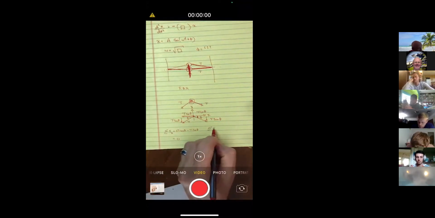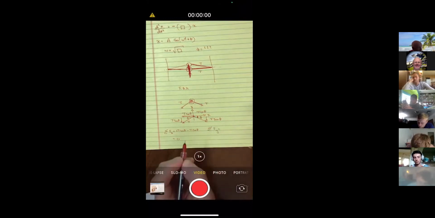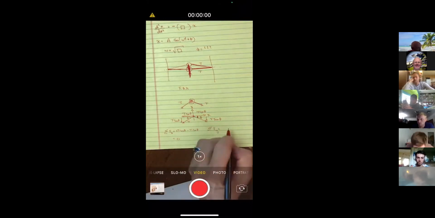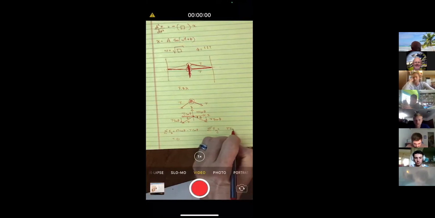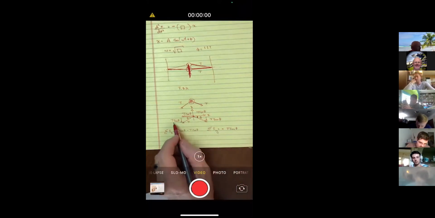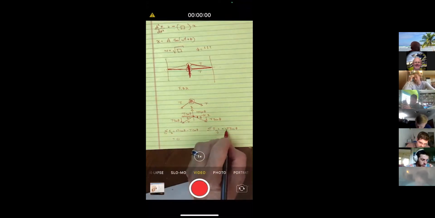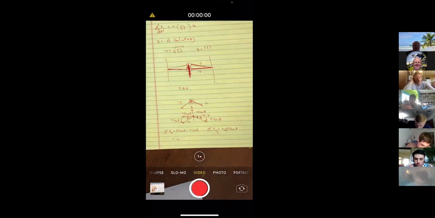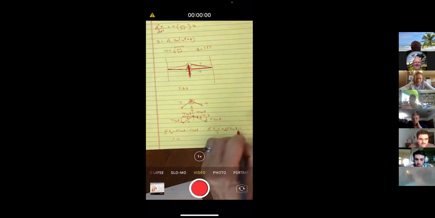But it's the y direction that's of interest, because this one would be a T sine theta in the negative direction, and the other one would also be a T sine theta in the negative direction. And so the total force in the y direction is, of course, negative 2T sine theta, and that would have to equal ma.